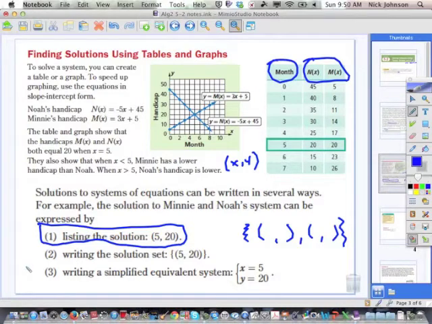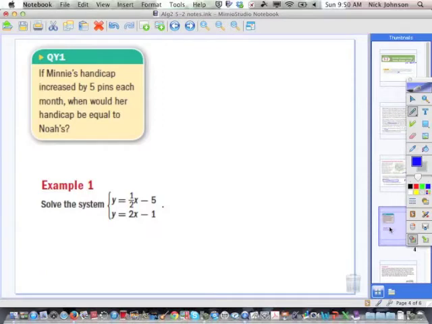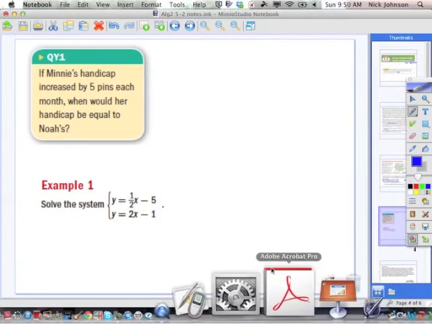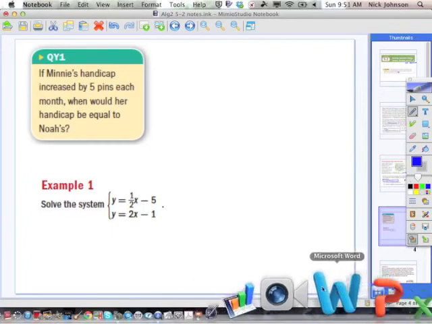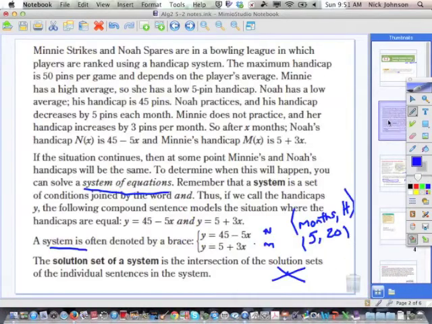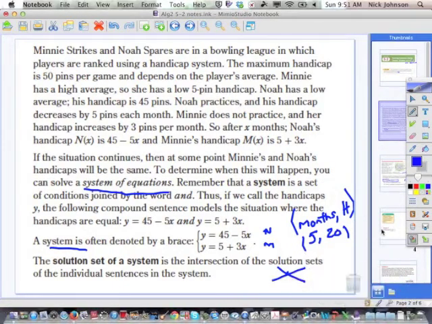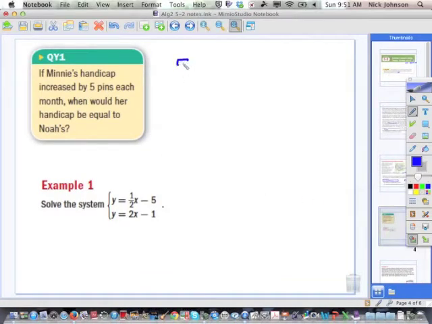Okay? So, moving on. It says if Minnie's handicap increased by 5 pins each month, when would her handicap be equal to Noah's? So, now if you refer back to Minnie's situation, Minnie started at 5, and they're saying she increased by 5 at each time, right? So hers now is going to be 5 plus 5x is what m of x is going to be.